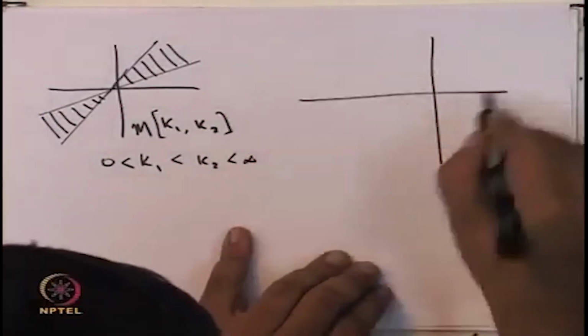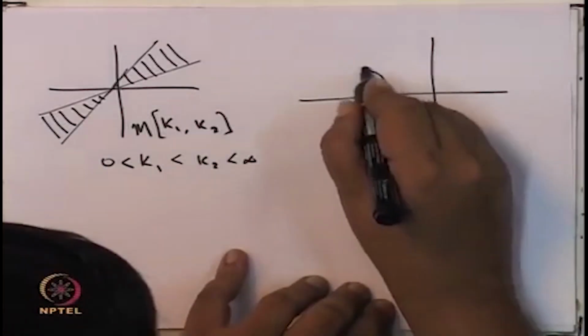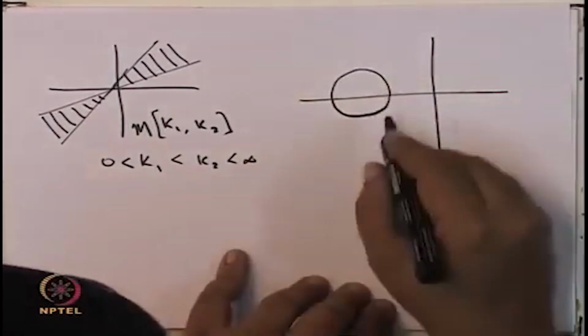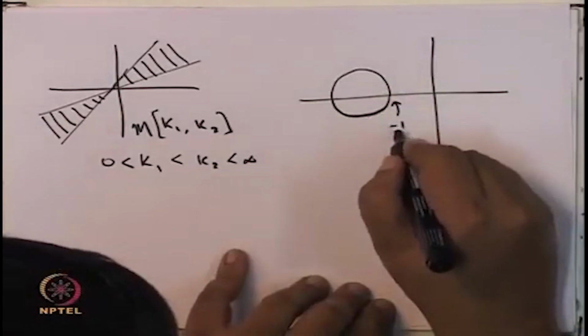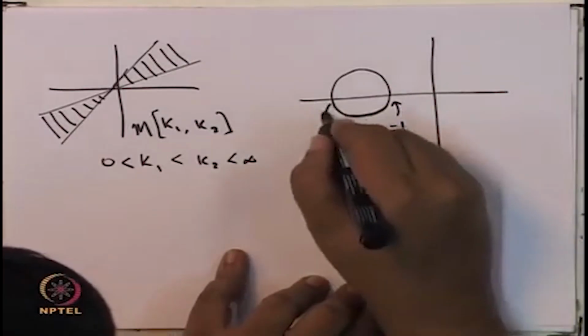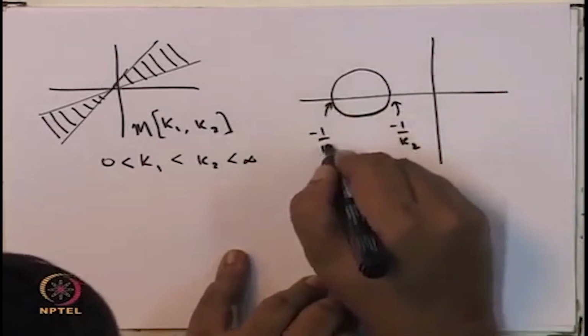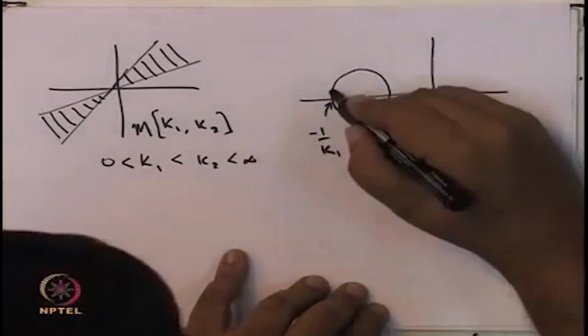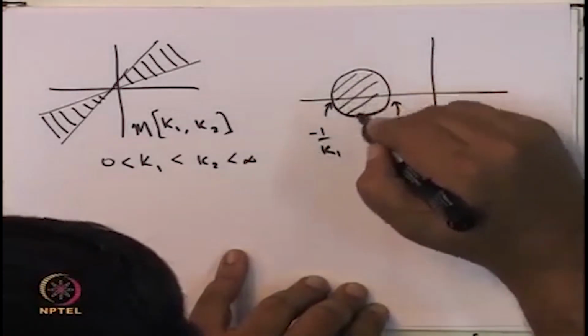What this translates to is a circle. This is the point minus 1 by k2, this is the point minus 1 by k1, and the forbidden region is the shaded part.